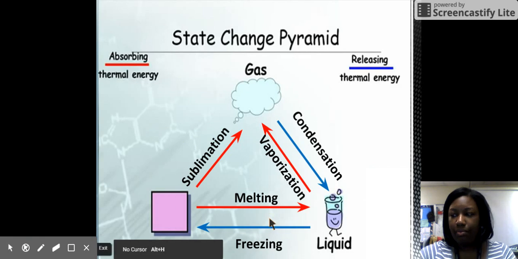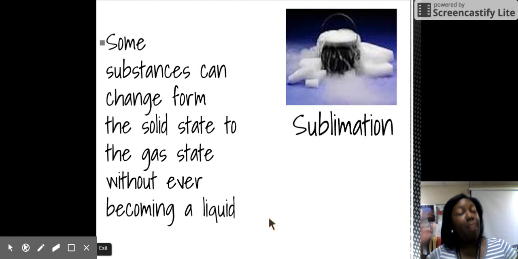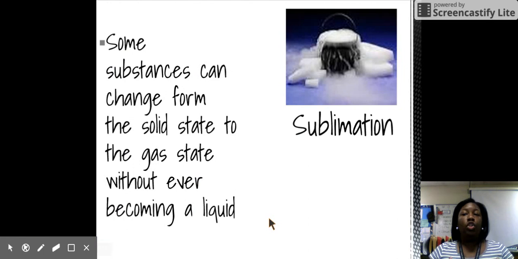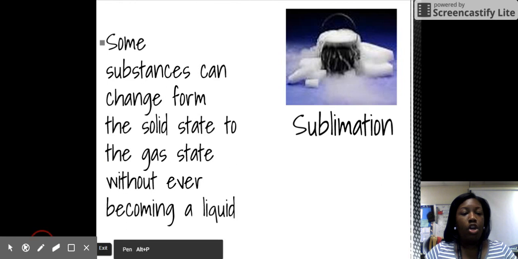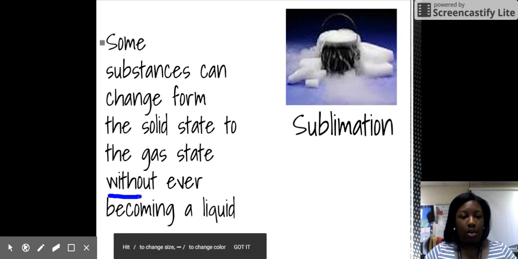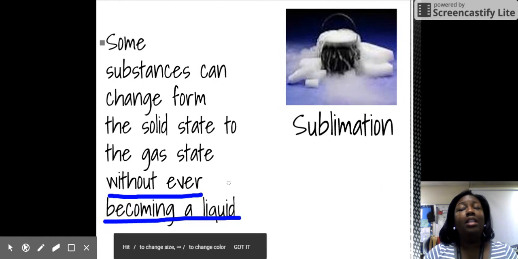Okay. So sublimation, and you may know it if you ever looked at dry ice or something like that. Substances can change from the solid state to a gas state without ever becoming a liquid. So it never becomes a liquid. It skips the liquid stage.